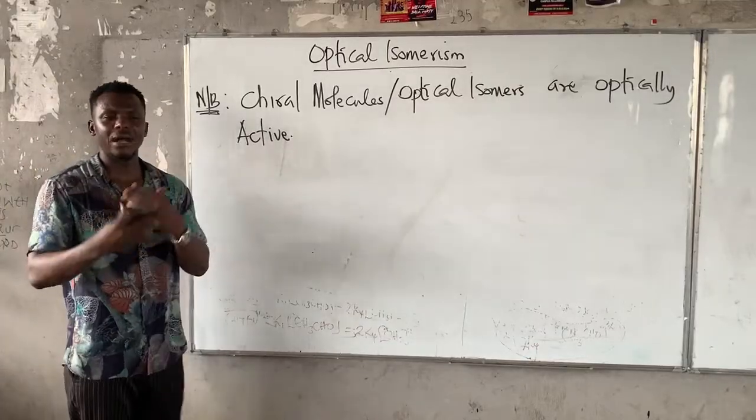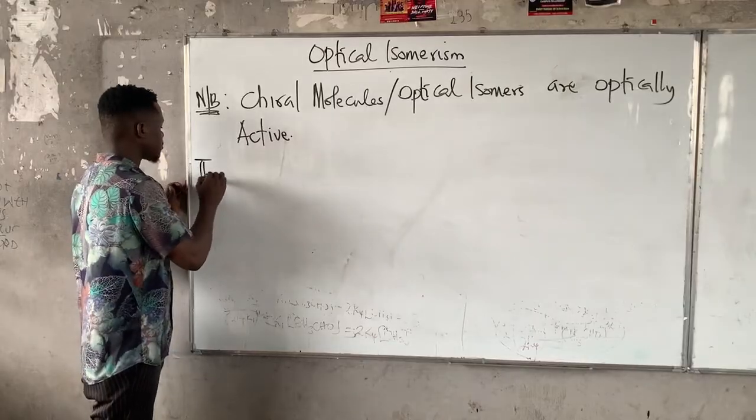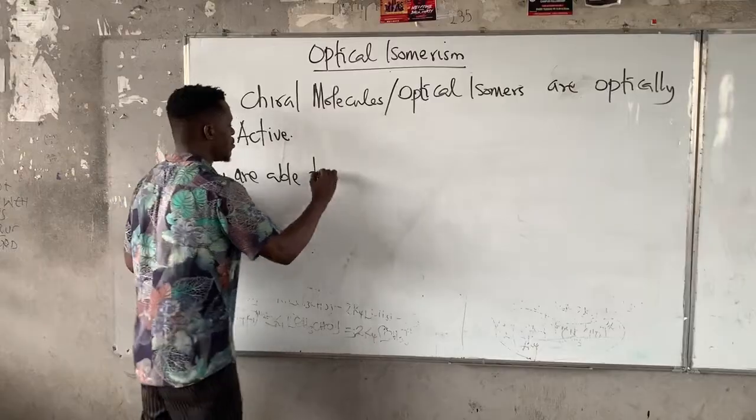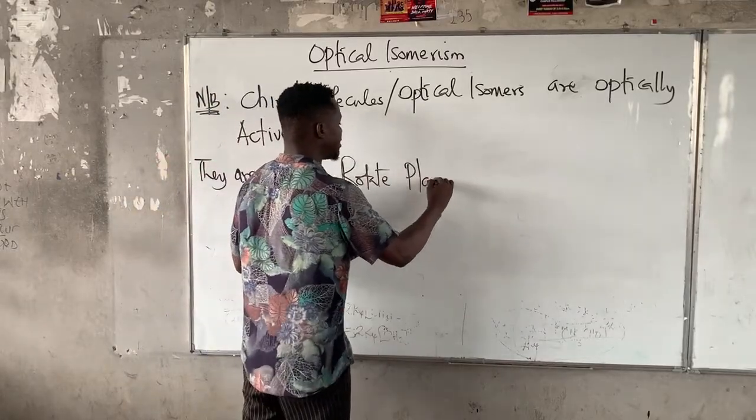What does it mean for a compound to be optically active? Optically active means that they are able to rotate plane polarized light.